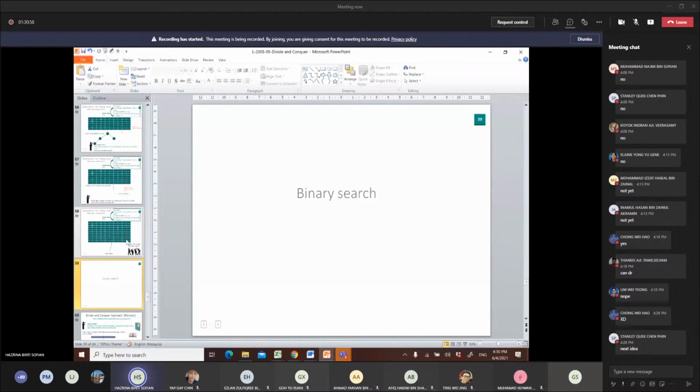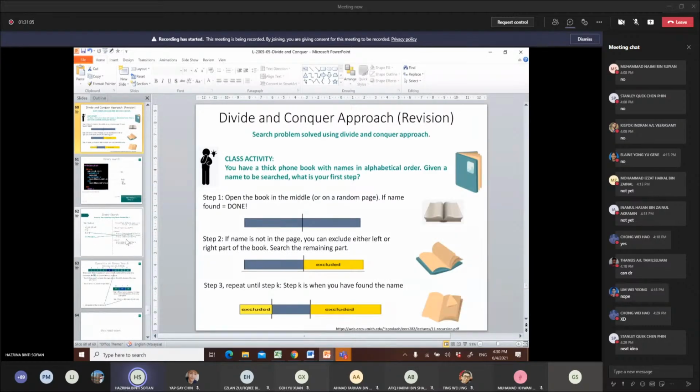So let's move to binary search, because in week 2 I did mention something about the book, where we want to do the searching. When we try to do the searching, we can do some exclusion. For binary search, we assume that we need to sort everything first, then only we do the searching.